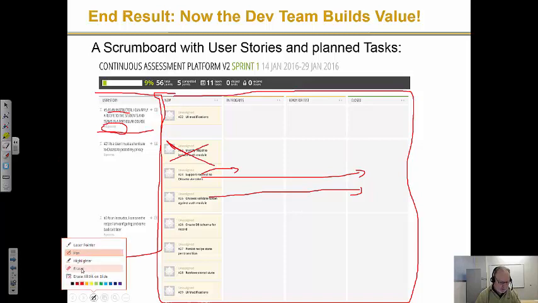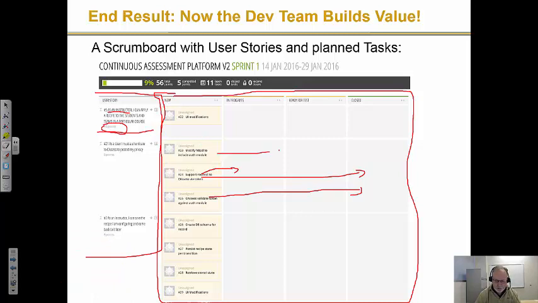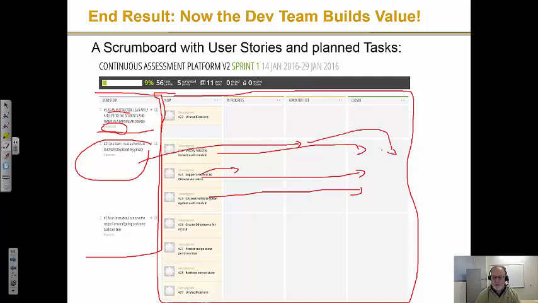Hold on a second. Oh, there's my eraser. Let's say that one is still valid. When all the tasks go across the board, then presumably this story is done, and in a sense I'm ready to go do the acceptance test for the story, and if the acceptance test passes, then I can close the story, and I'm done, and I've built actual value for the customer.